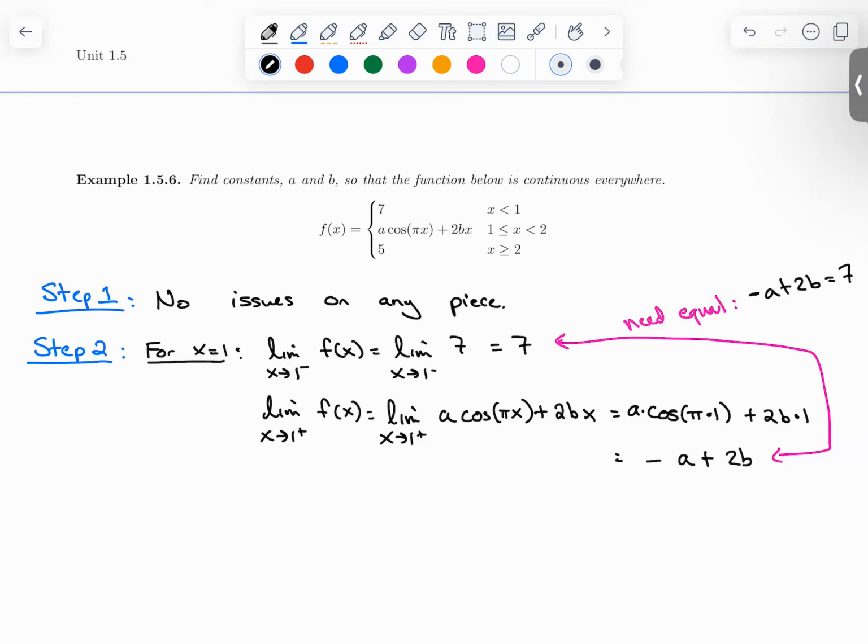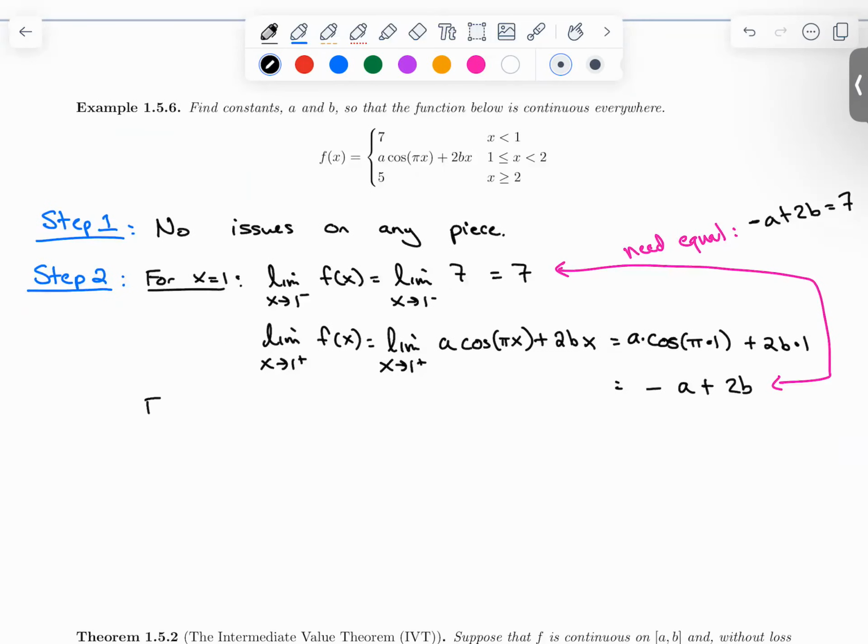So let's check 2 as well. For x equals 2, the limit as x approaches 2 from the left of f of x will equal the limit as x approaches 2 from the left of a cosine pi x plus 2bx.